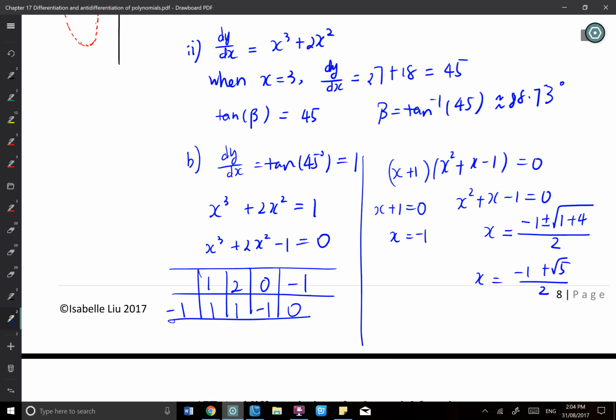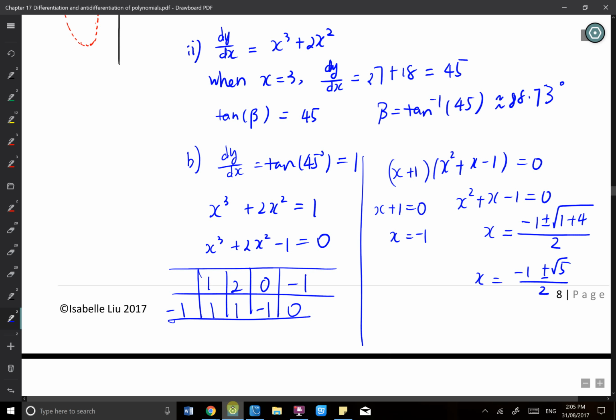But can I take all of these solutions? I will let you finish first, and then you think about my question. If you say no, which ones can you take? Which is the positive one?